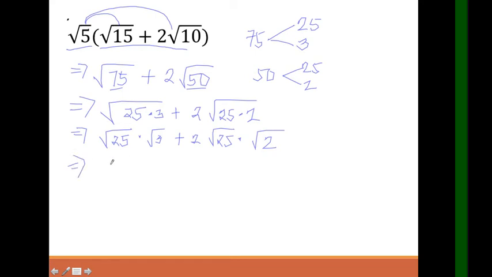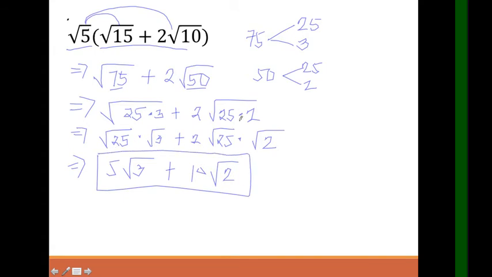That's equal to 5. So 5 square root of 3 plus square root of 25, which is 5, times 2. That's 10 square root of 2. Since the square root of 3 and square root of 2 are not the same, we cannot add them. So this is the final answer for this particular example.